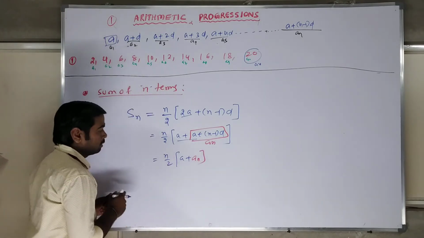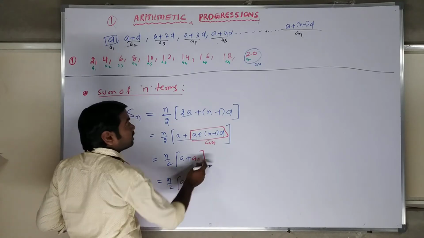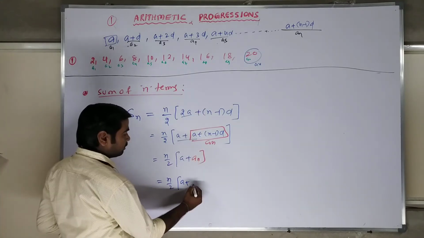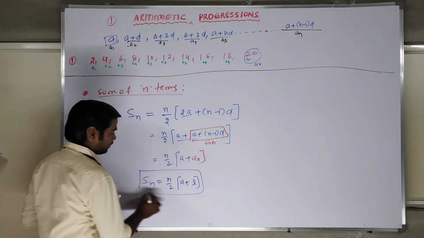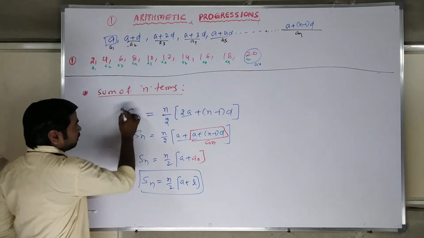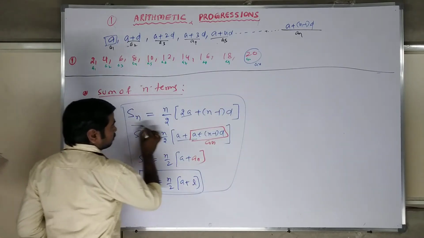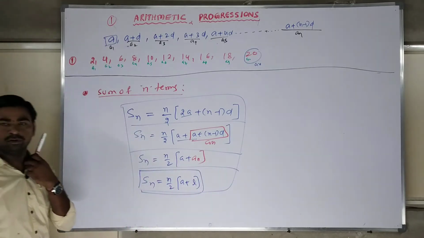This a suffix n we can also call the last term, and some people write a plus l. This formula is also correct. So we have 4 different formats of the formula to calculate the sum of n terms. Out of the 4, you can use any one.